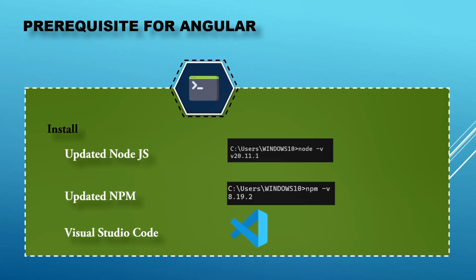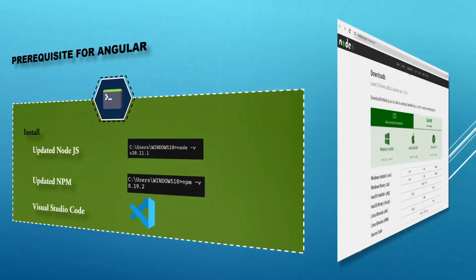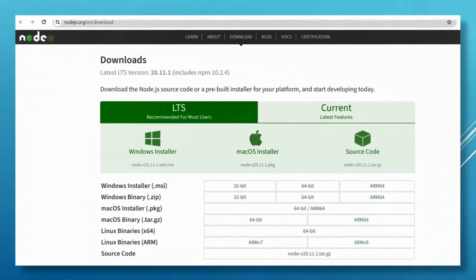Now, if you don't have the Node.js version, how do you need to do this? First of all, go on your Chrome and just type Node.js download. It will give you the Node.js download, and open that link.